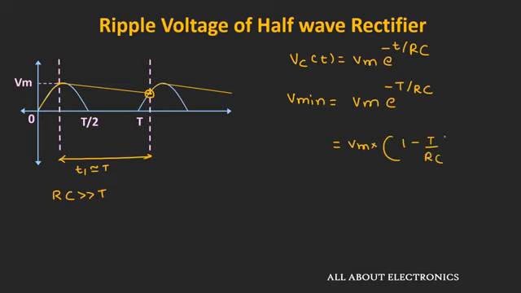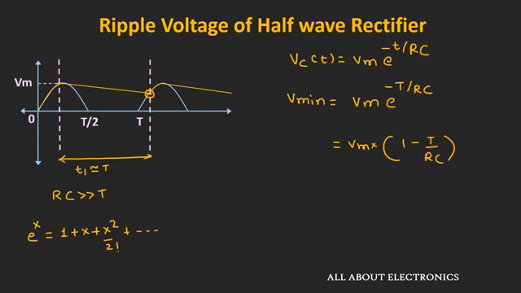by RC. Now if you are not aware, we can write this expression using the Taylor series expansion, because e to the power x can be written as 1 plus x plus x square by 2 factorial plus so on.